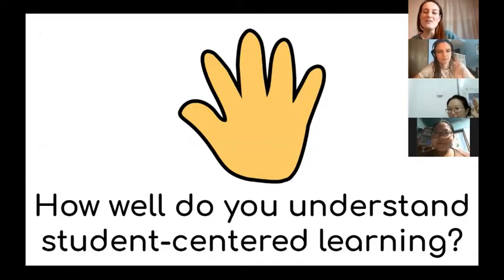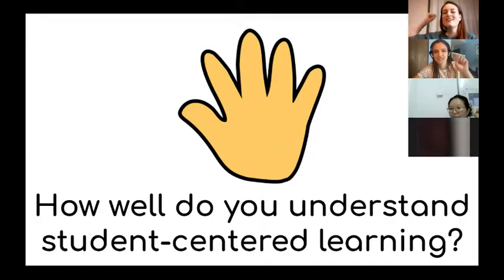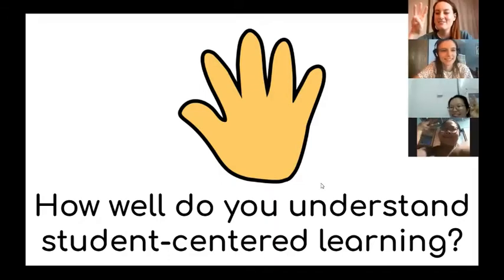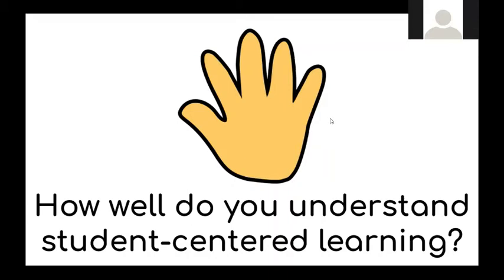On the count of 3, please show me with your fingers. So 1, 2, 3. How well do you understand student-centered learning? Oh, some people I can't see. I think their cameras are off. Okay, some 3s, some 2s.